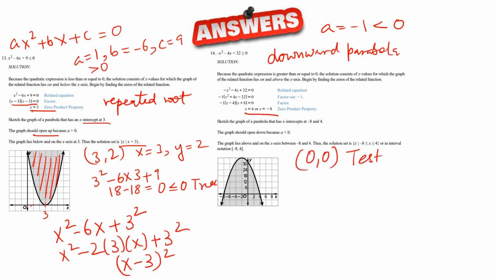This is the test point which will help you which area you are going to shade. So when you take 0 comma 0, x is 0, y is 0. So if you substitute it here, put it in the equation, 0 minus 0 plus 32 is greater than 0. Is it true that 32 is greater than 0? Yes, it's true. So this area would be shaded. So the inside part of the parabola is shaded. That's how you get the graph.